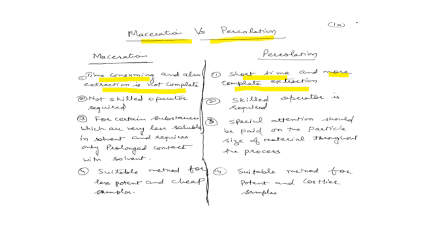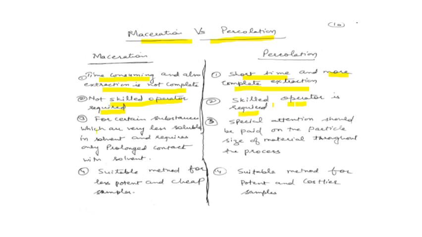The second difference is that no skilled operator is required in maceration. It does not require a skilled person to use the method. But in percolation, a skilled operator is always required.